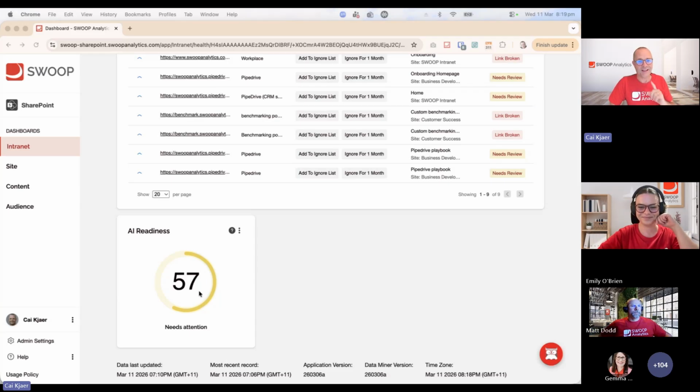I know what we need to do, but we're getting there. The good thing is that right now, on the left-hand side, I'm at the intranet level. We can go in and look at particular sites and get a sense of what the AI readiness is within particular sites, and where we have more work to do than in other places.